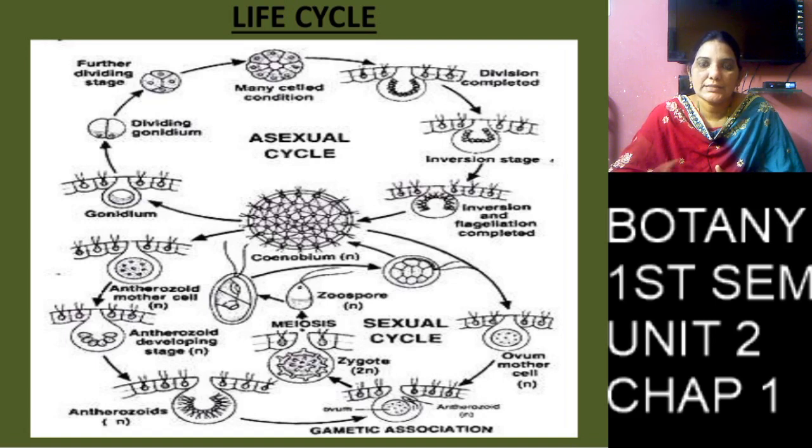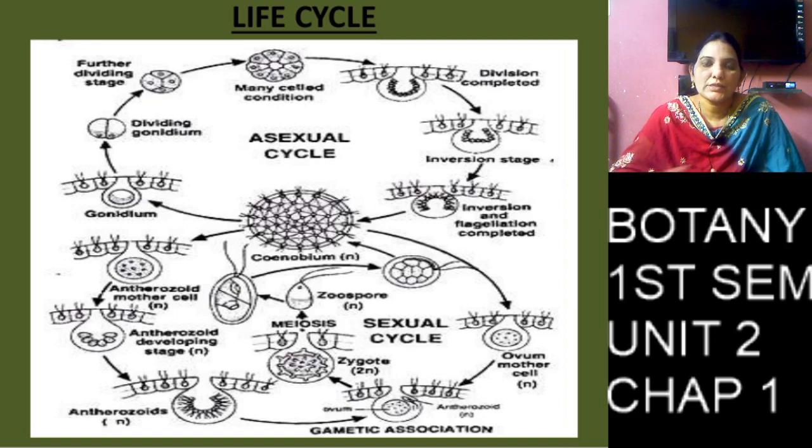The male gametes, androspores, search for the oogonium and enter into the oogonium, and only one male gamete fuses with one female gamete, and they form one zygote.